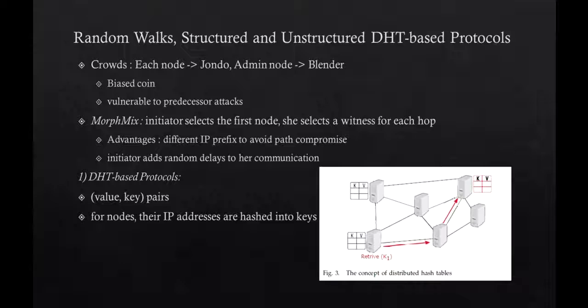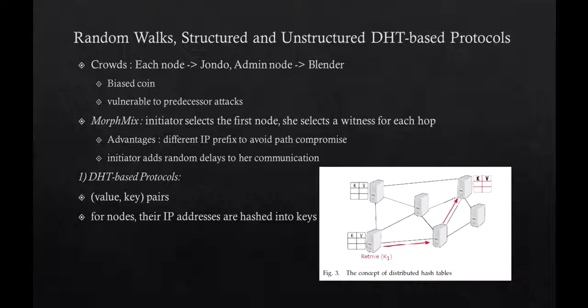When the user sends a request, this node flips a biased coin to decide whether to send the request directly to the receiver or to forward it to another node selected uniformly at random. This continues until the message reaches the destination. The vulnerability of this protocol is because of predecessor attacks.